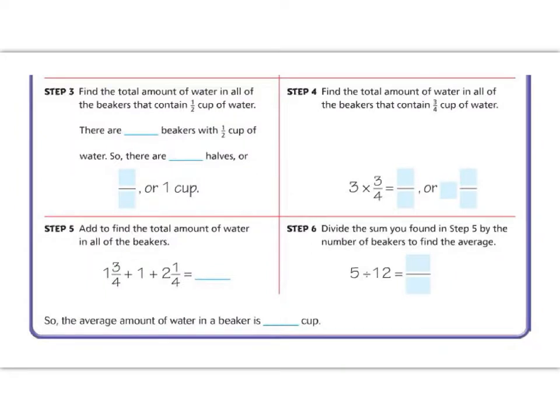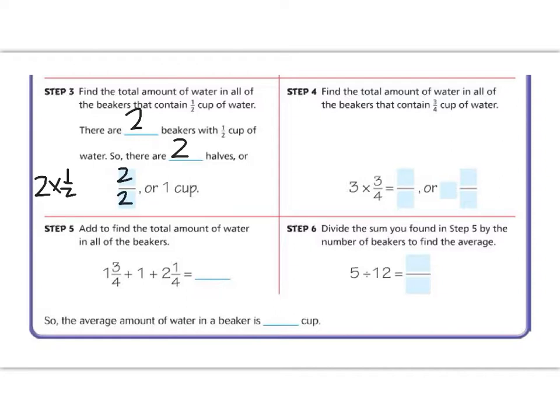Step 3 says, find the total number of water in all the beakers that contain 1/2. Well, we counted 2 beakers that had 1/2, so there are 2 halves. And again, we could write this as 2 times 1/2, which would give us 2 halves, or 1 cup.